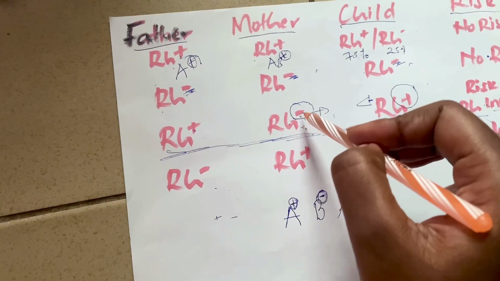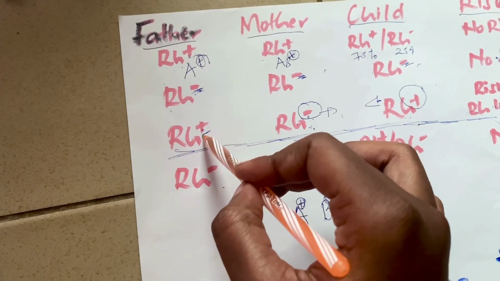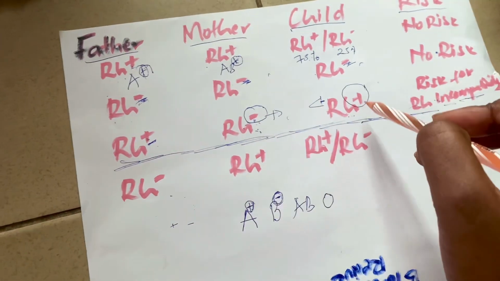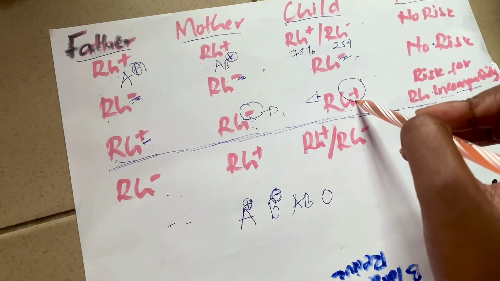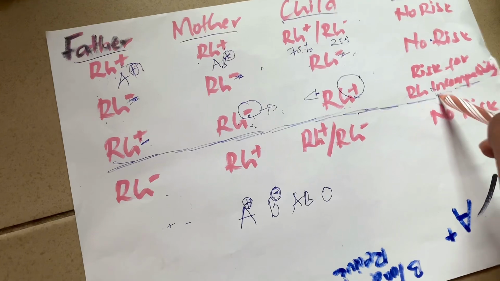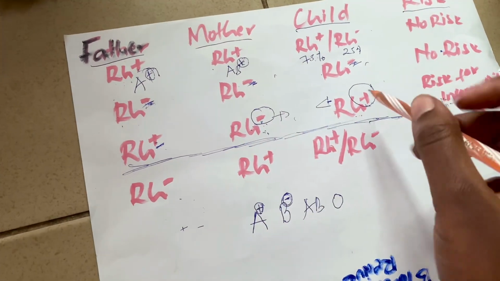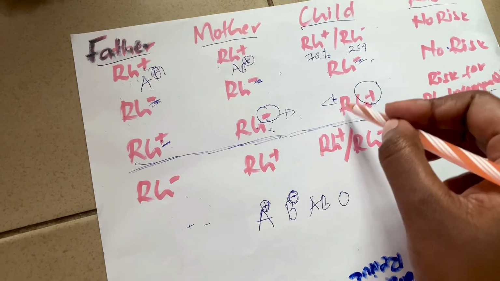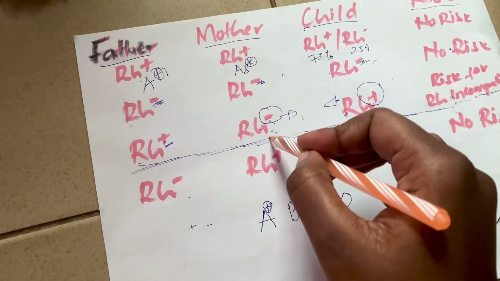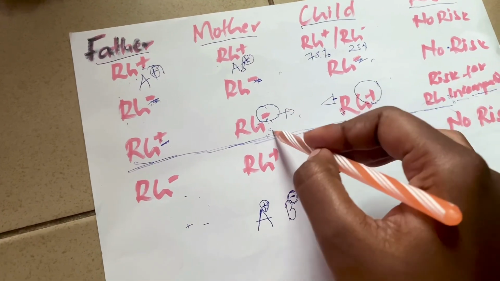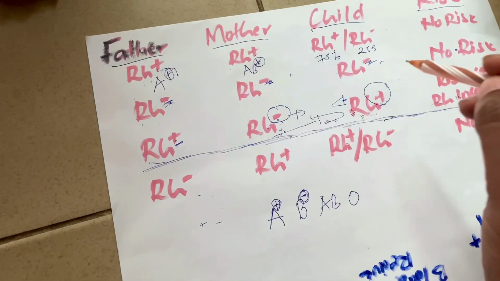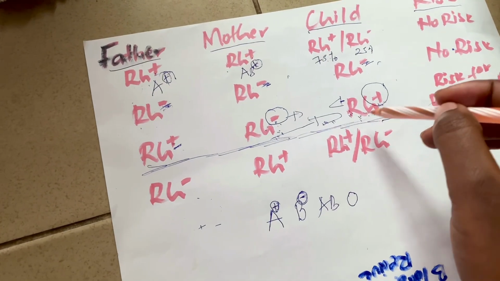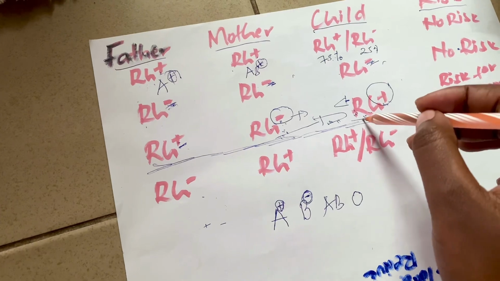A woman who is Rhesus negative should not get married to a man who is Rhesus positive, because there are high chances that the child is going to be Rhesus positive and you're going to have Rhesus incompatibility. Meaning that if by any chance there is trauma and the baby's blood mixes with the mother's blood, the mother's antibodies are going to attack the baby, and you will lose this baby if you have not taken the necessary medical measures.